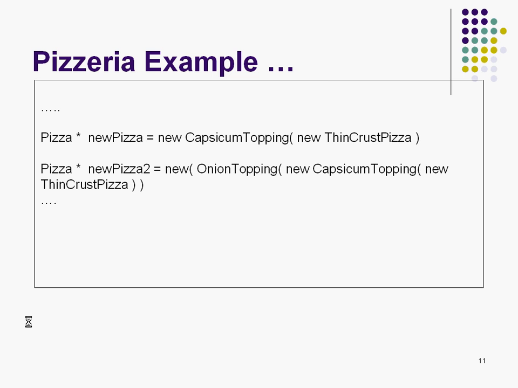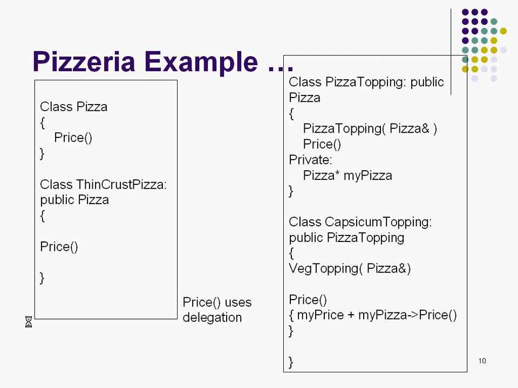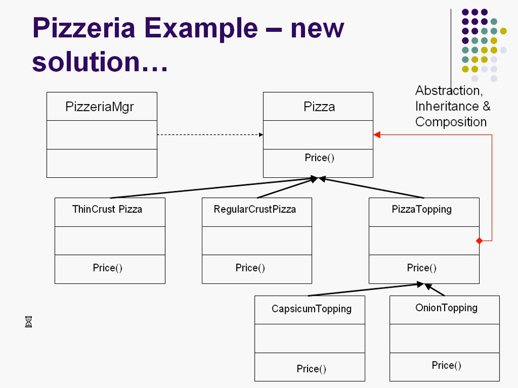If you look at this one, this was a pizza with a topping, which in one case was an onion one. The pizza with topping constructor was taking another pizza, and because this onion topping one is a pizza, the type is matched. So you can use that to chain and create another one out of it.